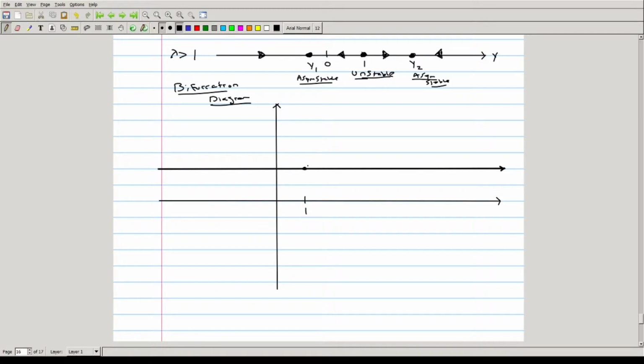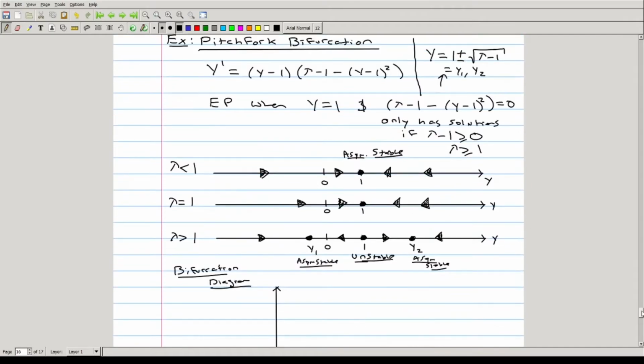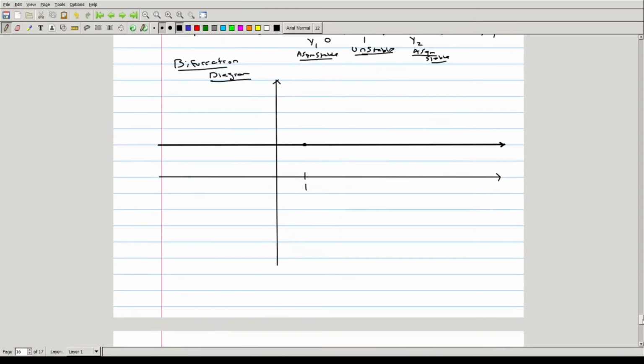So here at lambda equals 1, we have the appearance of two new critical values for any value of lambda greater than 1. And if you plot out these curves right here, the curve y equals 1 plus and minus the square root of lambda minus 1, this is just going to be a parabola opening like this, and a parabola opening like this.